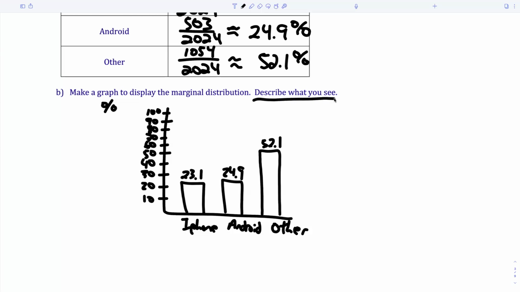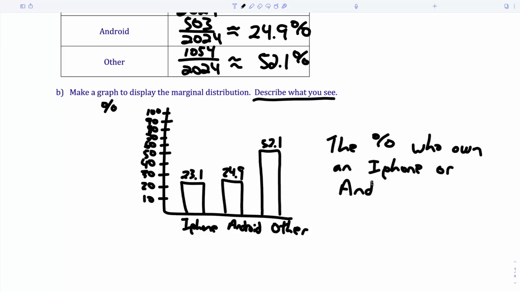They're almost double, right? So I said the percentage who own an iPhone or Android is about the same.